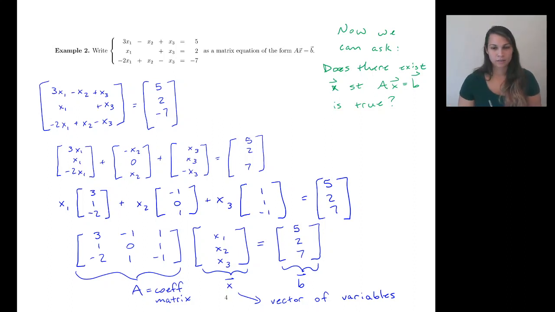The only thing new that we've learned is how to multiply that vector and that matrix together. That is the only new math. This is the same way to ask the question we've been asking all along. Can we solve this system of equations? It's new notation, that's it.